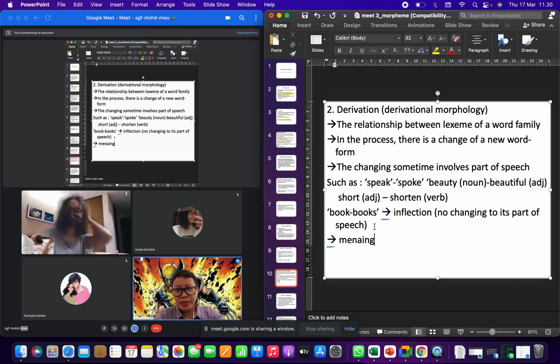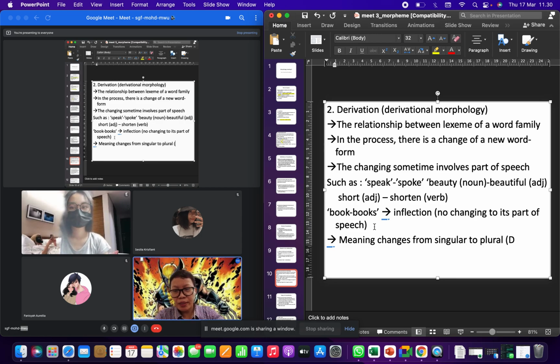Based on its meaning, we know that the morpheme book is singular, meaning one, while the morpheme books is plural. It means more than one. So the meaning changes from singular to plural. So it is derivation.